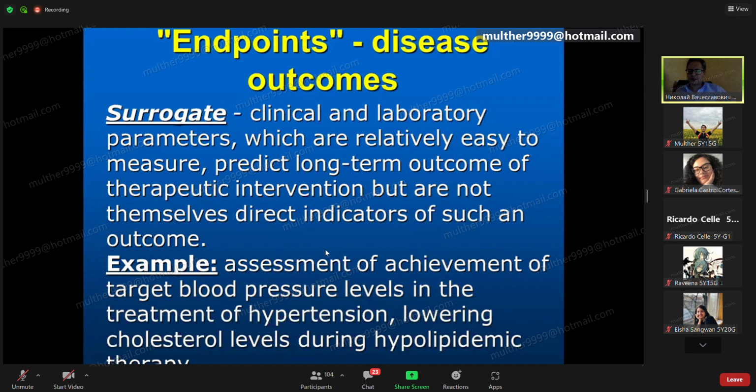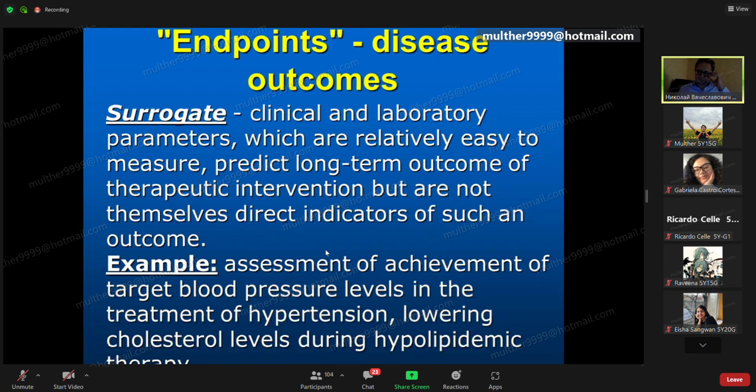For example, assessment of clinical, laboratory, instrumental parameters, such as normalization of blood pressure, achievement of target blood pressure level for patients with hypertension, which is a very variable, not stable characteristic, or temporary lowering of cholesterol level by hypolipidemic therapy.